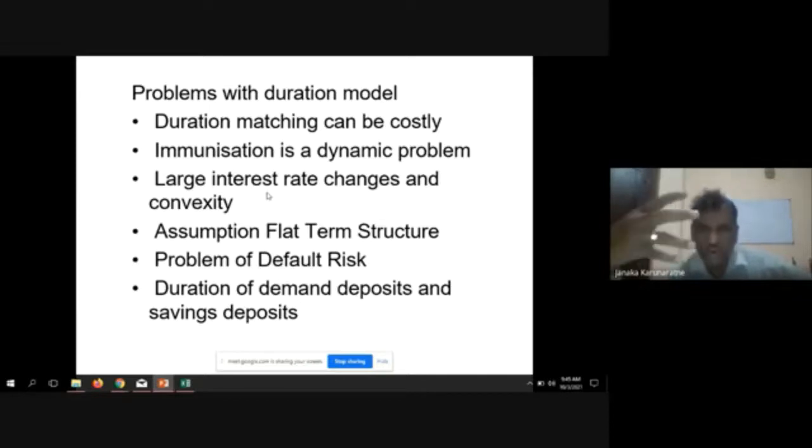Now, when we look at the numbers, there is always a risk depending on the size of the gap. So as a banker, you have to immunize yourself. Immunize means hedging. To immunize means you need to maintain duration gap at your comfortable level.